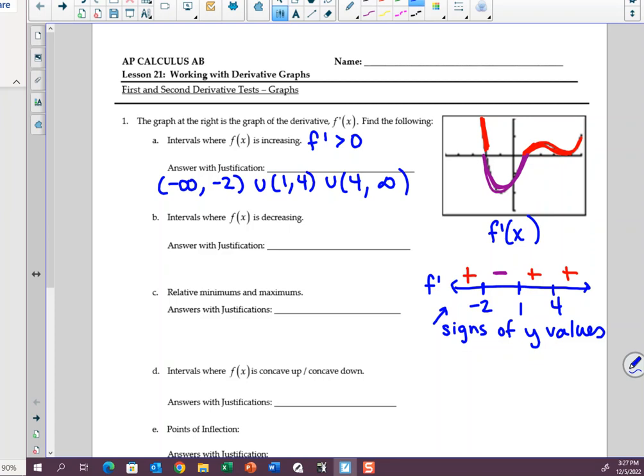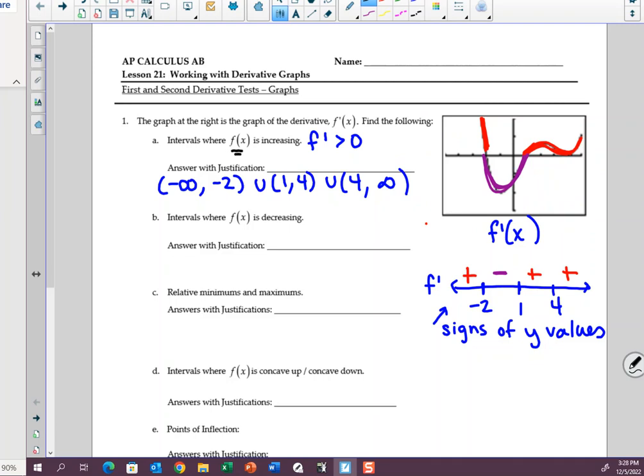You have to remember, and I said this repeatedly in class, that when we are looking at an f prime graph, we are not describing the f prime graph. So if you're looking and going, well, -infinity to -2 is not increasing over here, we're not describing where f prime is increasing. We're describing where f is increasing.